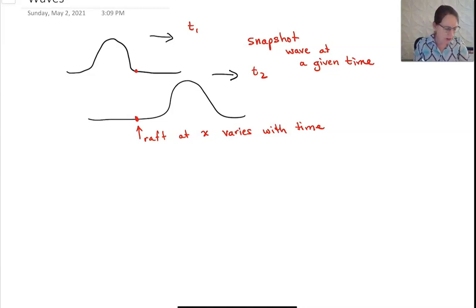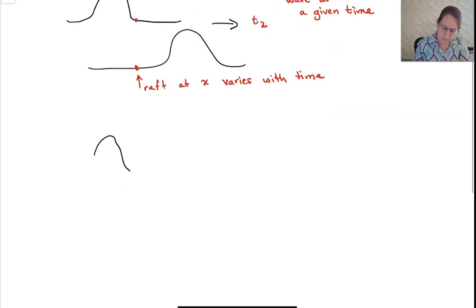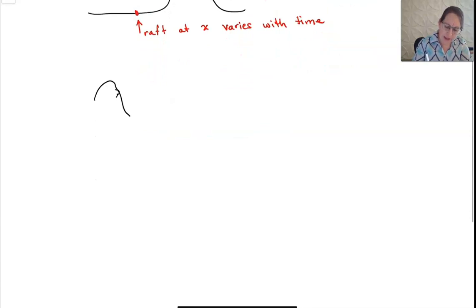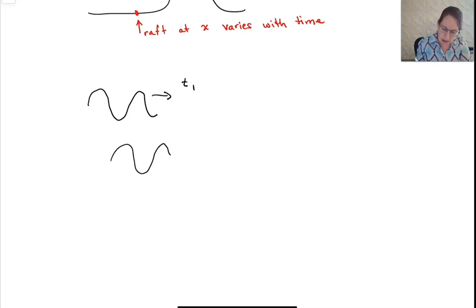And when we change this to a sine wave, this gets even a little bit more complicated. But it's actually easier mathematically to describe. We just have to keep the same information in mind. So this might be at time 1 is our wave if it's traveling to the right, and then we can go like this at time 2, for example.